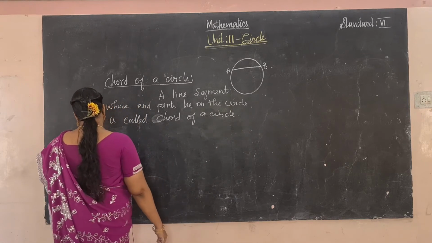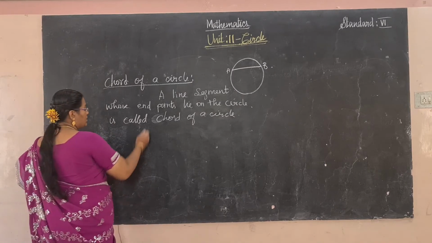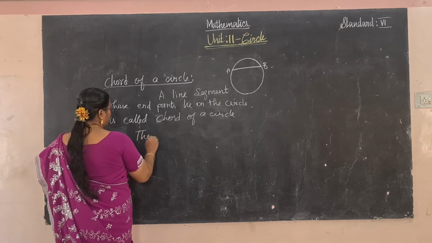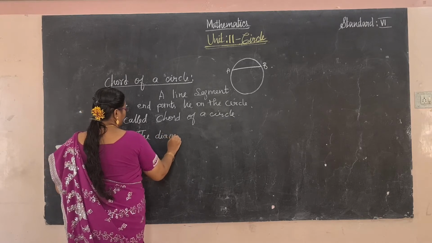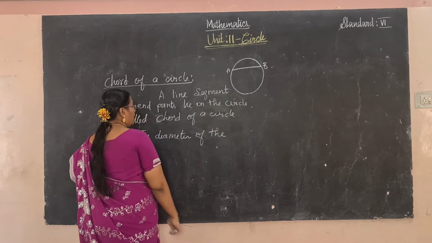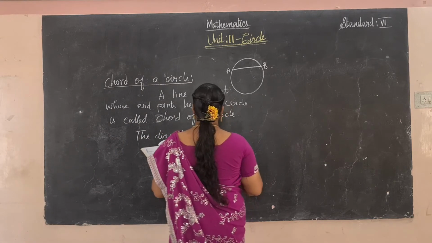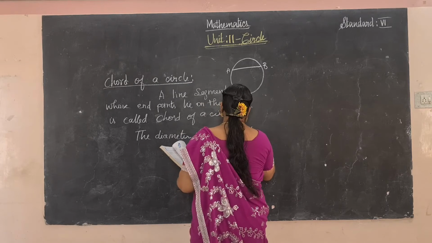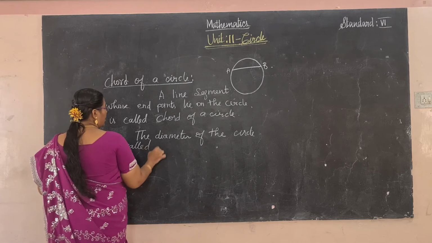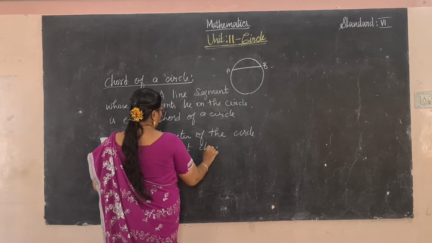And next, the diameter of the circle is called the largest chord.